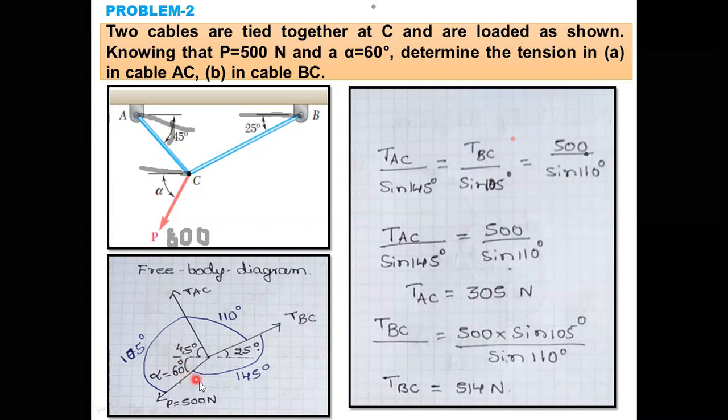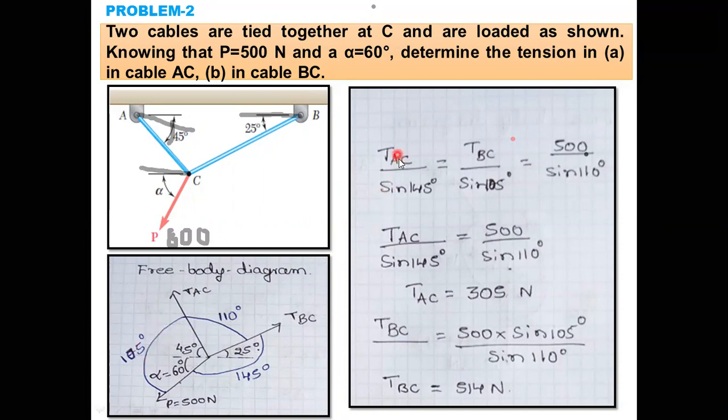Next, we have to find the angle between any two forces. Here it is 25 degree with respect to horizontal, and there is 90 degree from x-axis to y-axis, and the remaining is 30 degree from here. So the total is 145 degree, and here it is 110 degree, and here it is 105 degree.